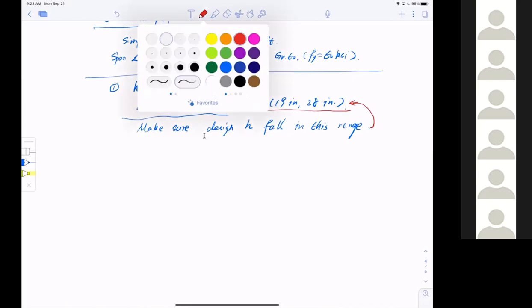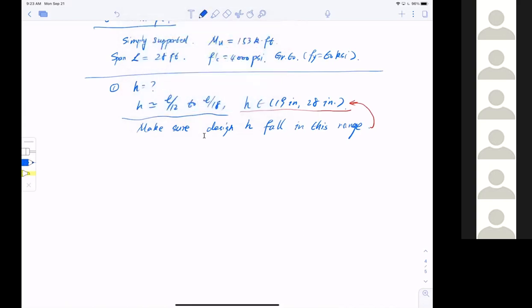So with this, let's start the process, right? First, what is our initial reinforcement ratio? So rho initial is nothing but beta 1 F prime C divided by 4 Fy. Got it the other way, sorry.